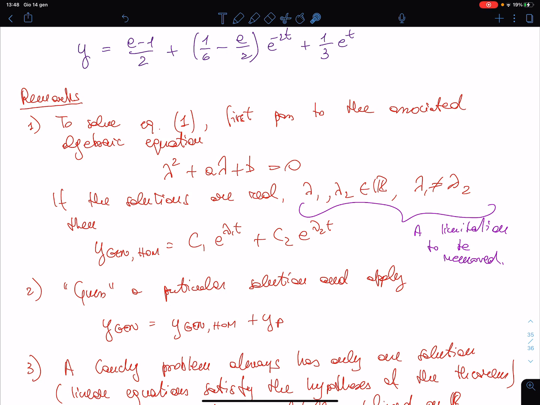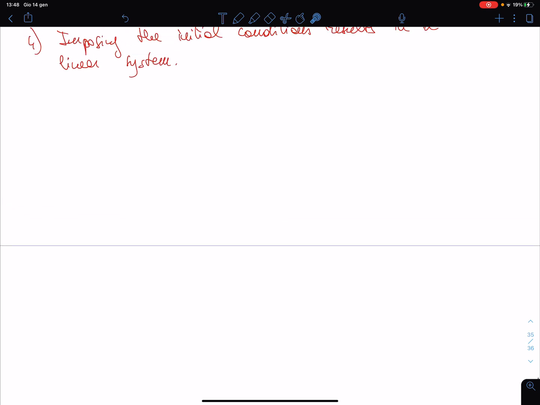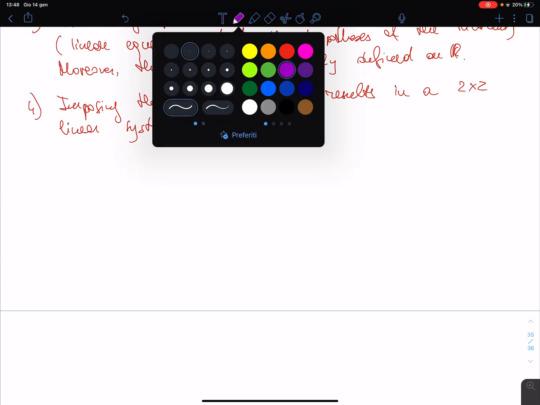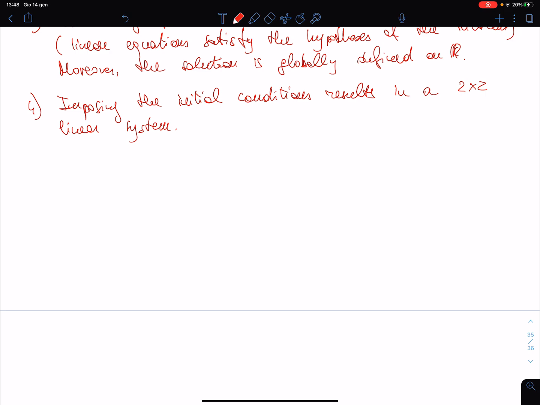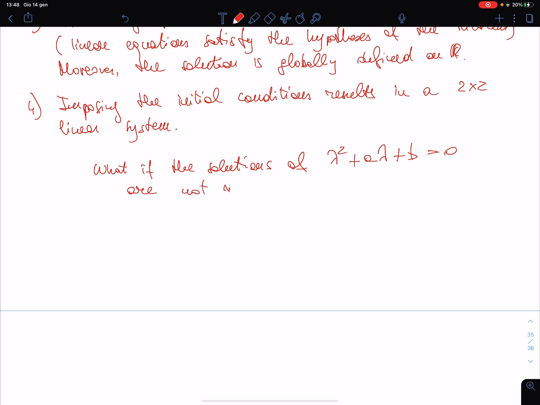So let us verify this case by another example. So the question is, what if the solutions of lambda squared plus a lambda plus b equal to 0 are not real and distinct?